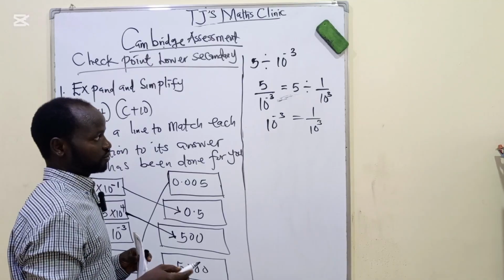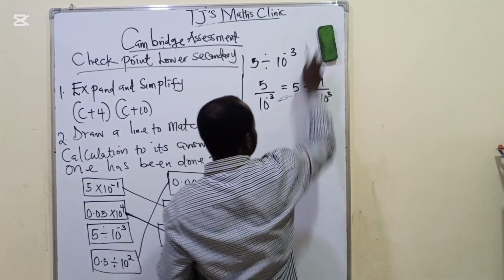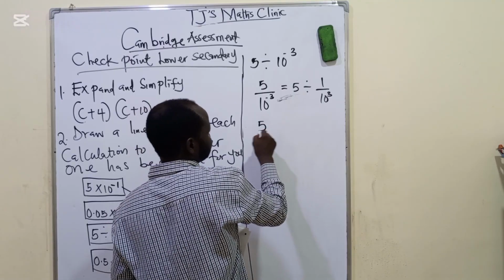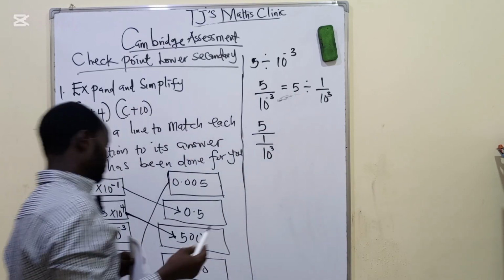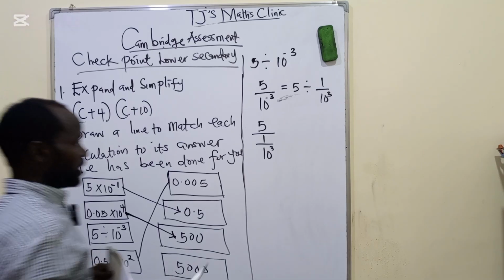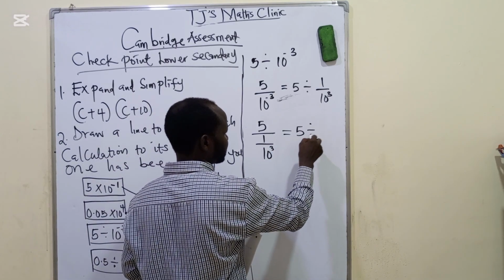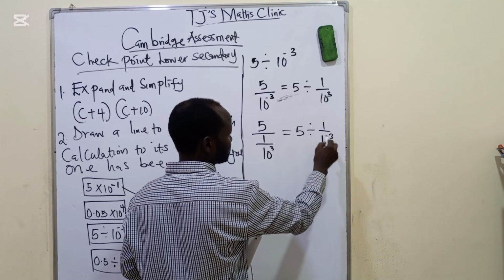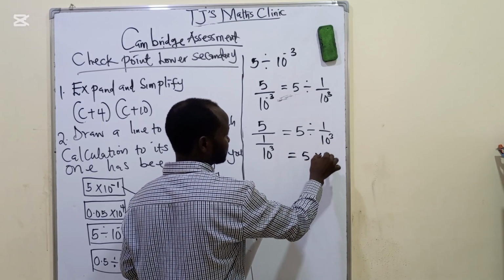Very important. We can write this as 5 divided by 1 over 10 power 3, and this is the same thing as 5 times 10 power 3.